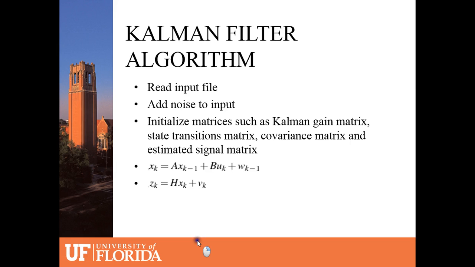The second step after adding noise to the input signal is to initialize the matrices such as the Kalman gain matrix, state transition matrix, and covariance matrix, and we have to initialize the estimated signal matrix as well. The equation shown in the slide is the one for the Kalman filter model, and before we start executing this algorithm, we have to check if the signals that we're using fit this model.